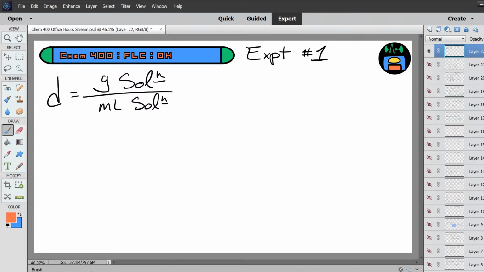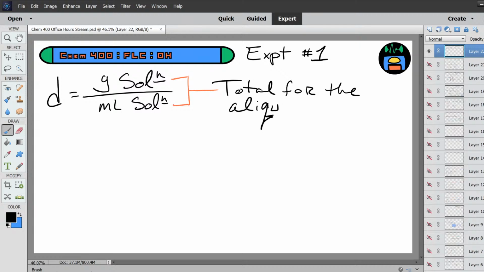And both of these are total for the aliquot. All right, so for density, you don't take 1/5 of anything. That comes in when you calculate the percent mass of sodium chloride.